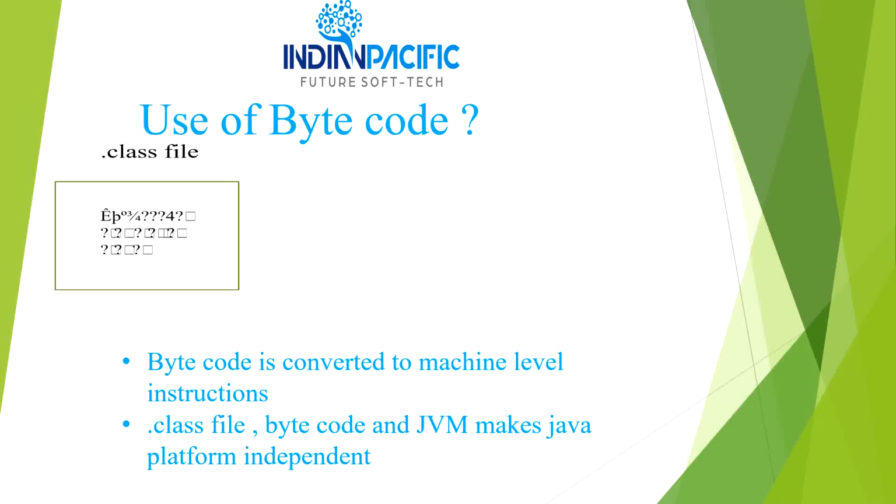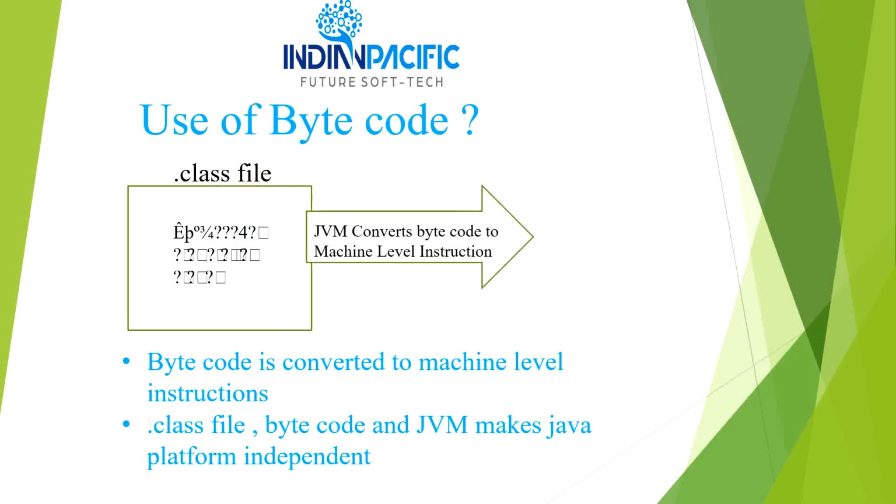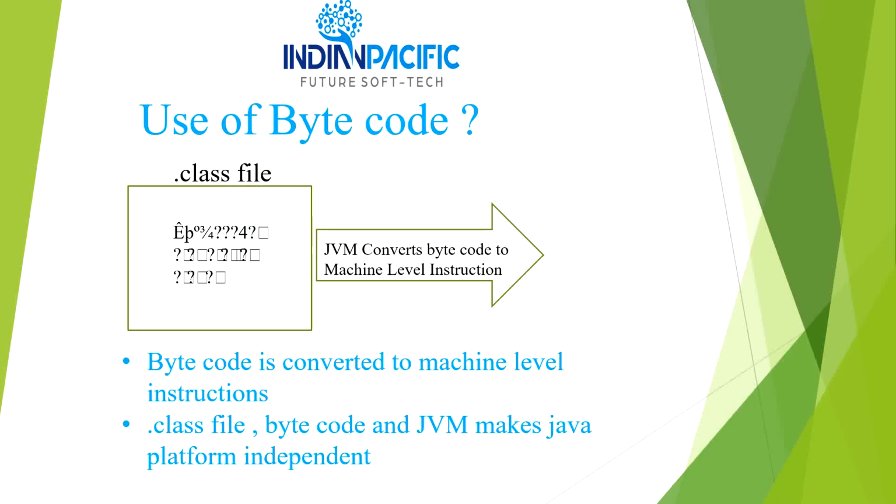So let's take an example. We have a .class file. It has bytecodes, or you can say machine instructions. Now the JVM will convert these instructions to machine level instructions. In this world there are many operating systems and machines available.